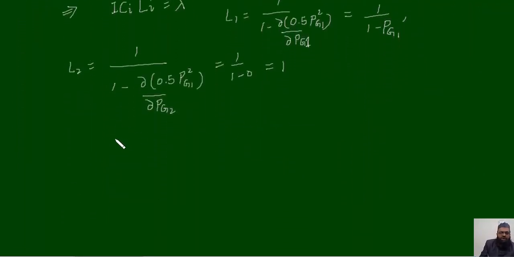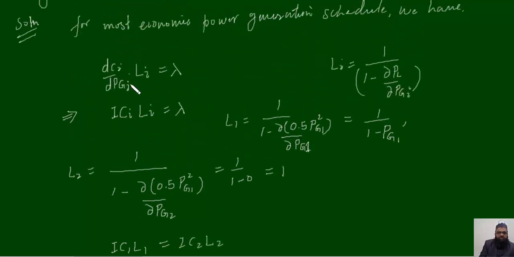So for most economic power generation schedule, we may write IC1 L1 is equal to IC2 L2. Substitute the values using this relation.